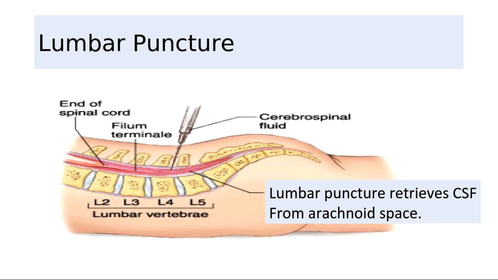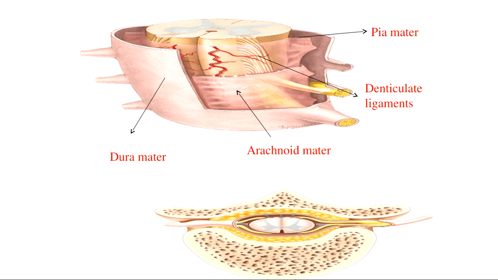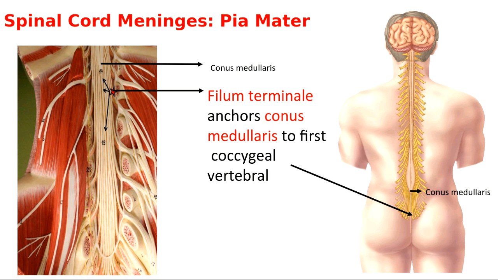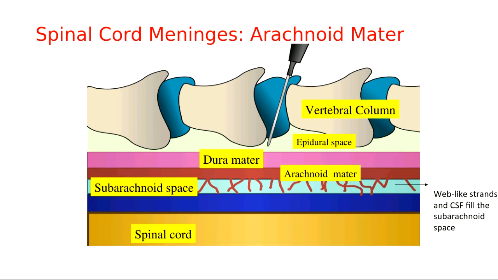All right, contrasting an epidural with a lumbar puncture. A lumbar puncture is a procedure that actually punctures the meninges, going all the way into the subarachnoid space to retrieve cerebrospinal fluid. This is a completely different procedure, obviously much more invasive, in which the goal is not to deliver something but to take something away.